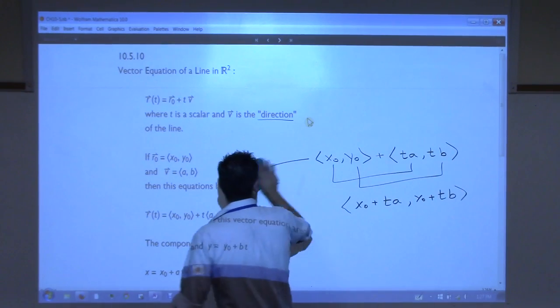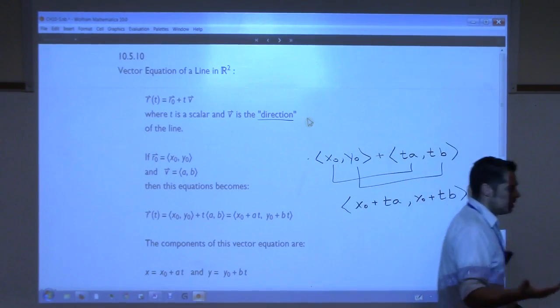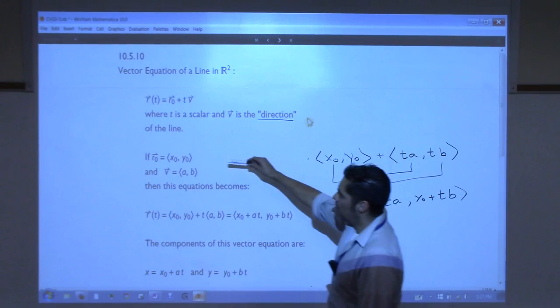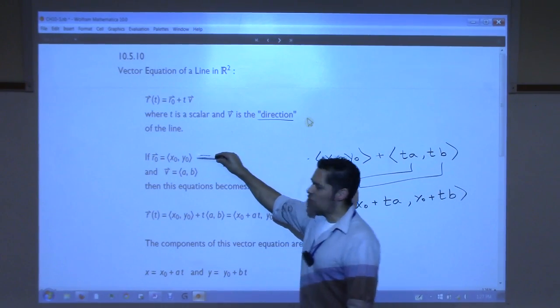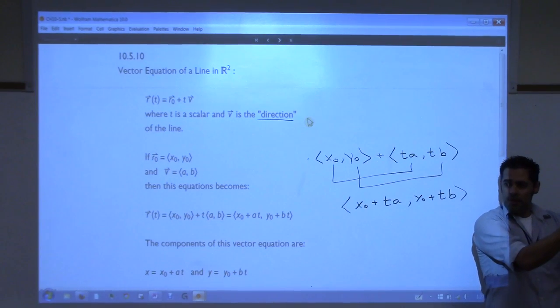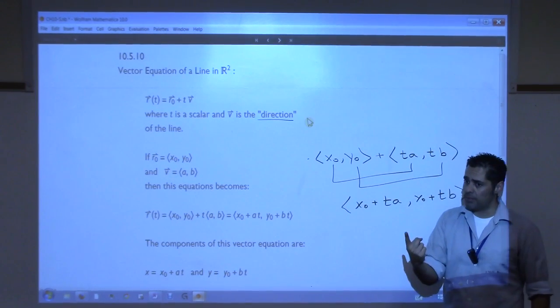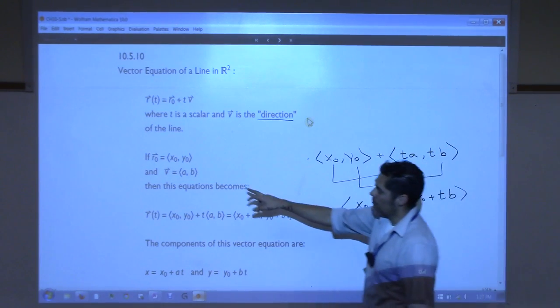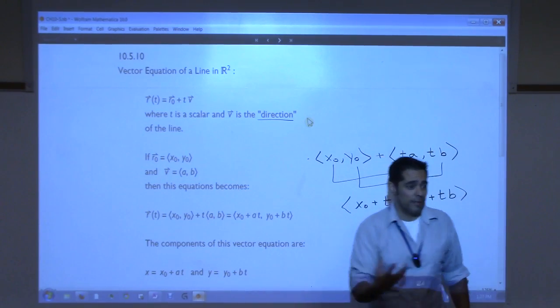So what does it look like I'm going to need in order to come up with the vector equation of a line? An initial point on the line, right, which I can draw a vector to. That'll be R0. So someone has to give me a point. And I also have to know the direction of the line.